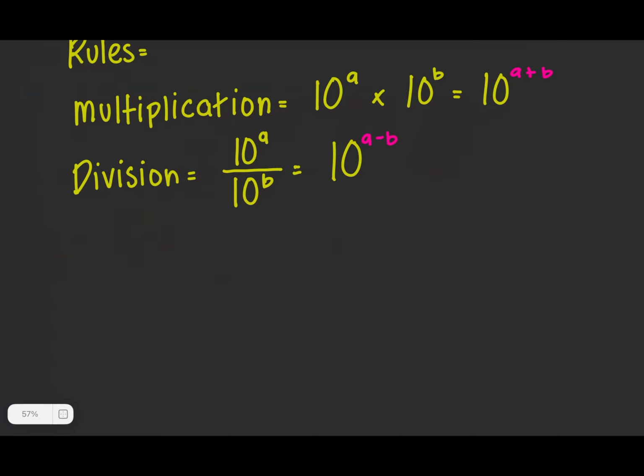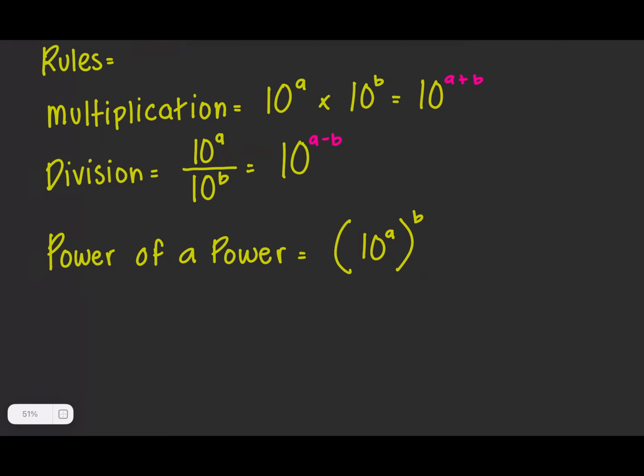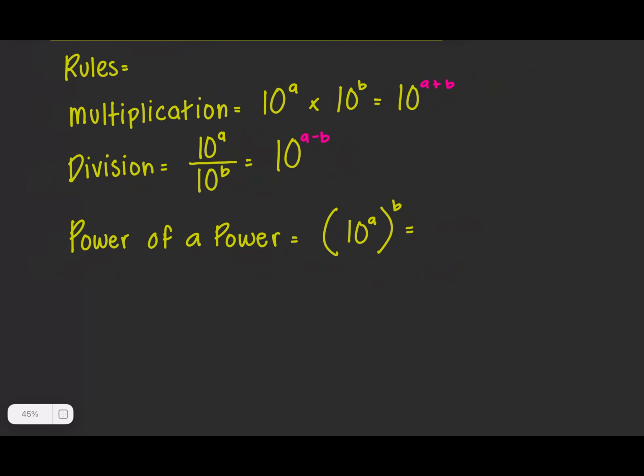And then if we have a power of a power, I'll give you an example of what that looks like. So let's say we have 10 raised to the power of A, in parentheses, and then this entire thing is raised to the power of B, we are going to multiply.